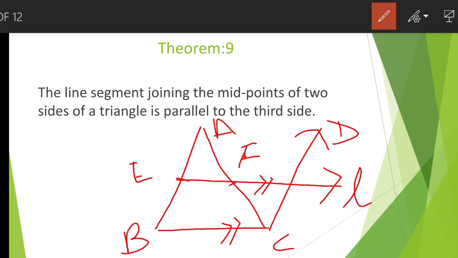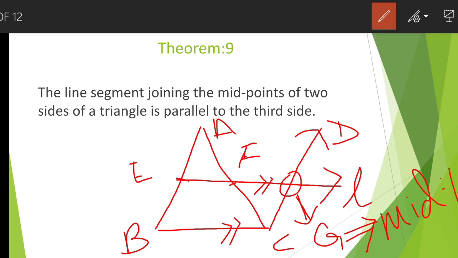Here we have considered AB and AC as the two sides with midpoints E and F, and we draw a line L which is parallel to BC.